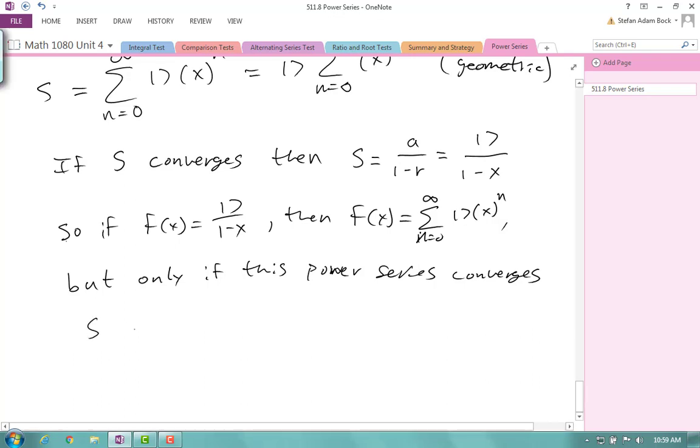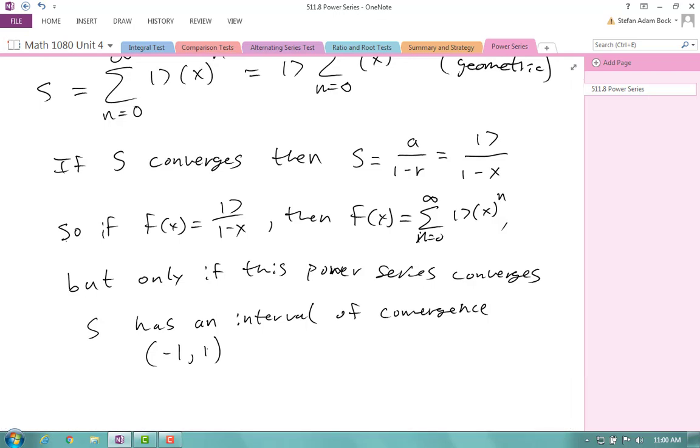S has an interval of convergence which matches the geometric series of -1 to +1. x can't be equal to -1 or +1 because then I'll either be adding an alternating series of 1s and -1s, or I'll be adding an infinite number of 1s, and that's bad.